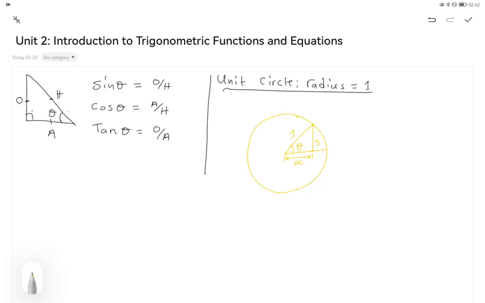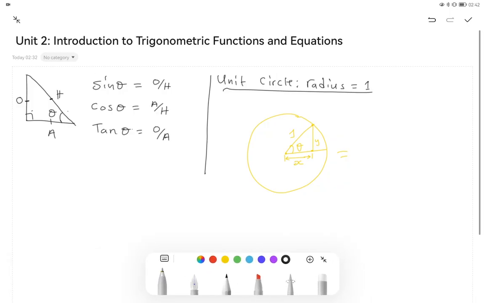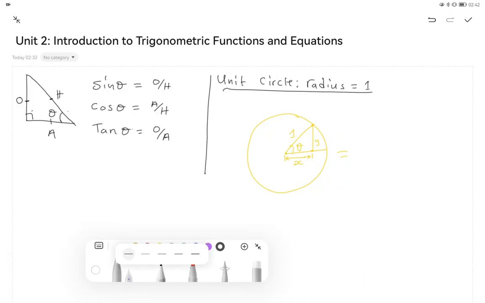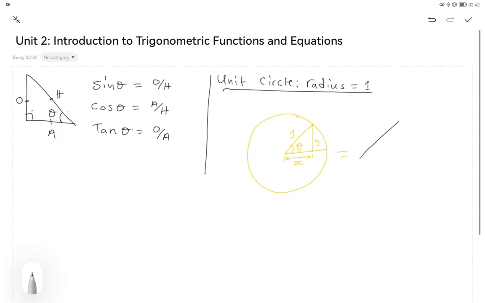Okay, that's better. Alright, so we can extract the triangle that is inside. We can extract it and put it here. So this one is x, this one is y. This angle is theta. This one is the hypotenuse.